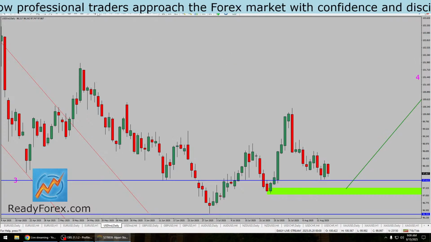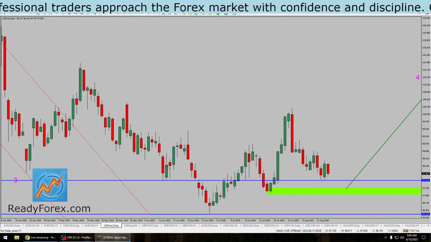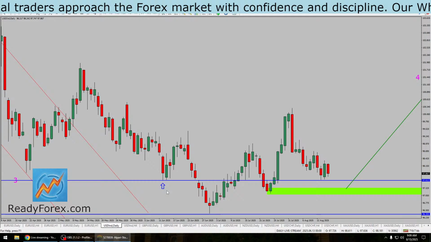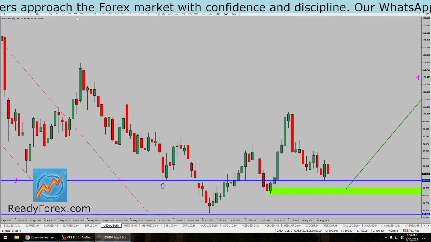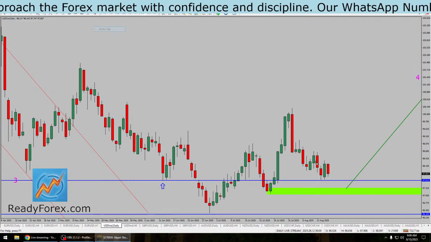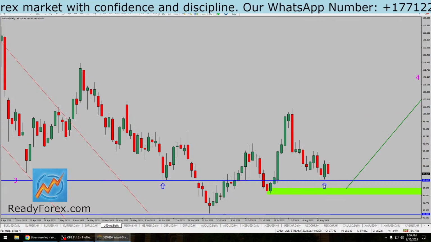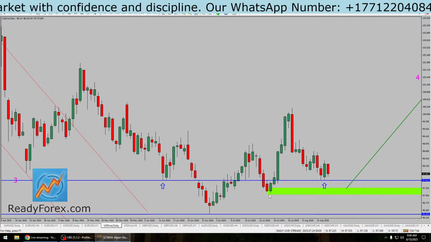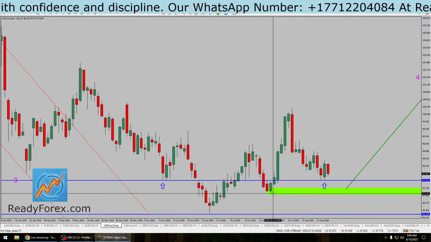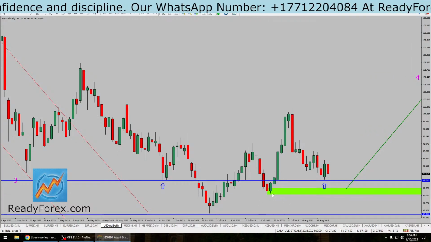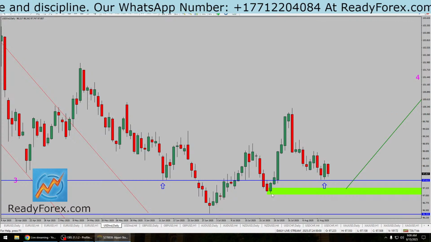I need an up arrow. So this is the support over here. The same area is trying to provide support again down over here. Then we have this old swing low down over here as well, which could also provide some support.